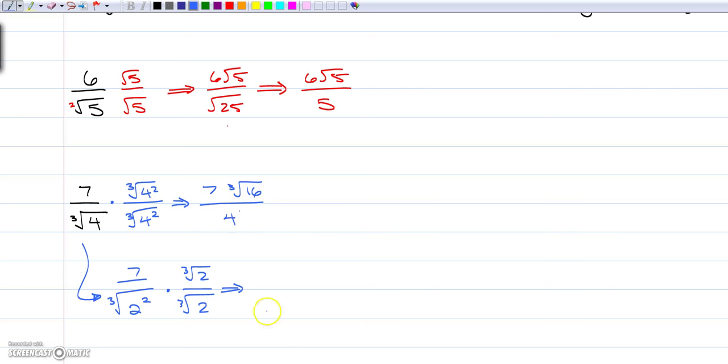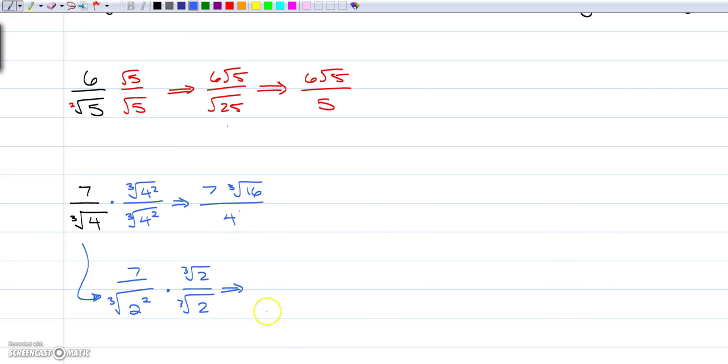But the bottom, not that familiar with a binomial with a radical that I'm multiplying times another binomial with a radical. So let me write it out for you. 5 plus the radical 3, 5 minus the radical 3. I'm going to FOIL it.